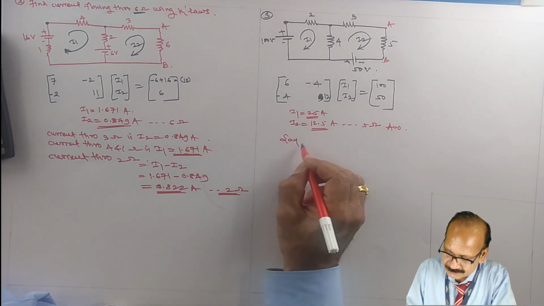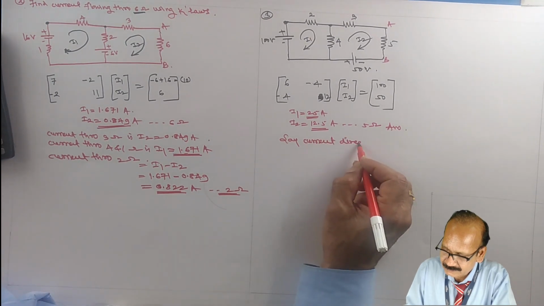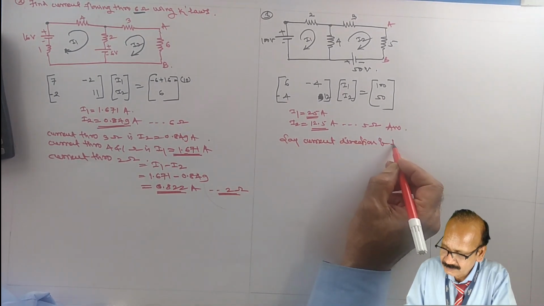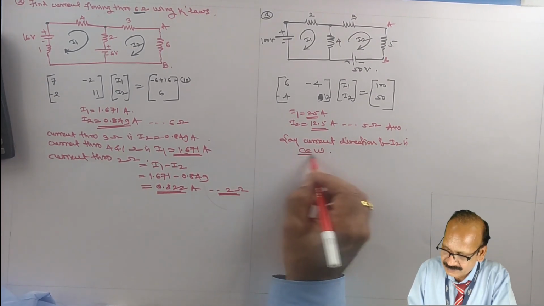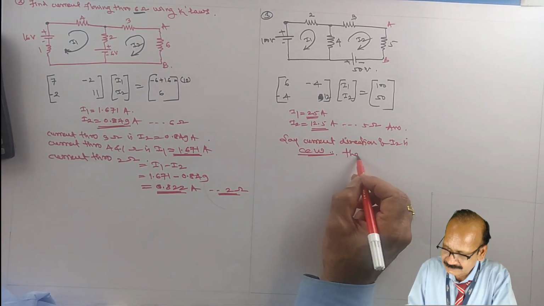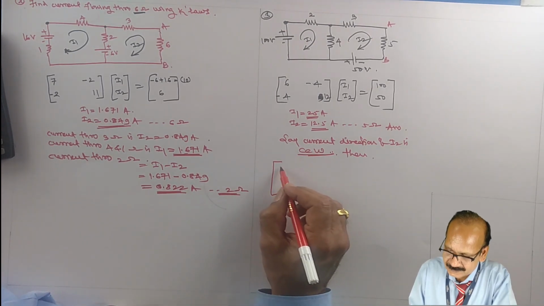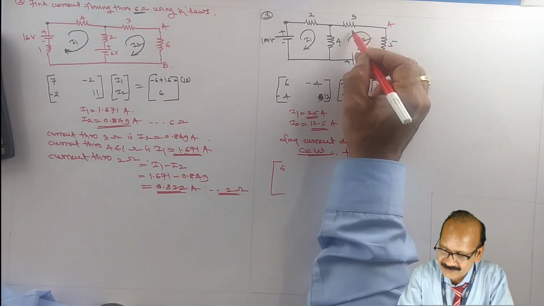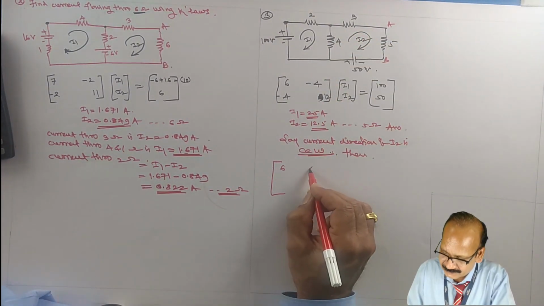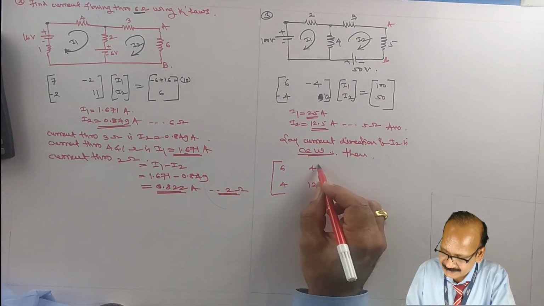Say the direction of I2 is CCW, counterclockwise. Then see, this will be 6. Now as it is in counterclockwise, that will be plus 4, and this will remain same.